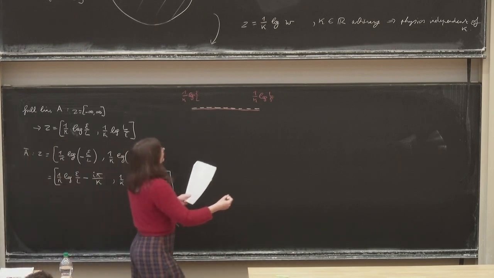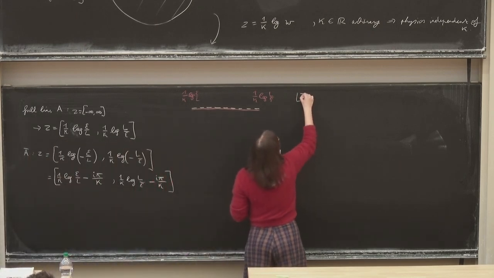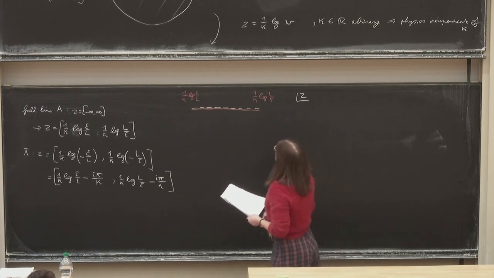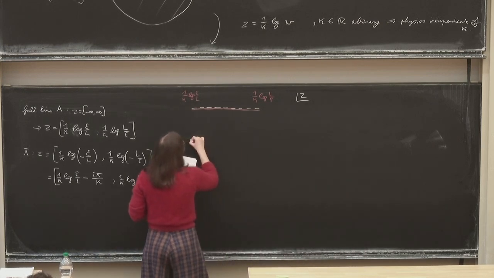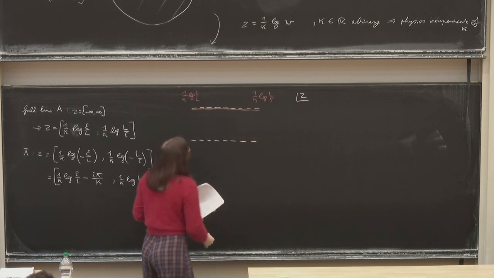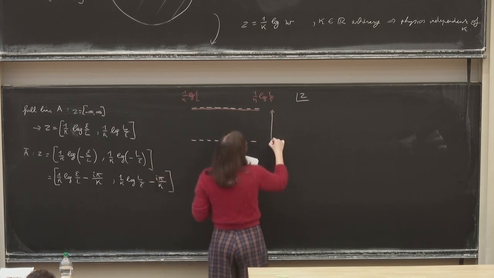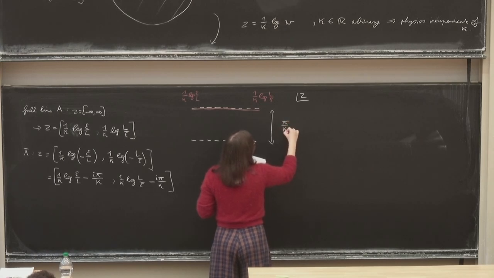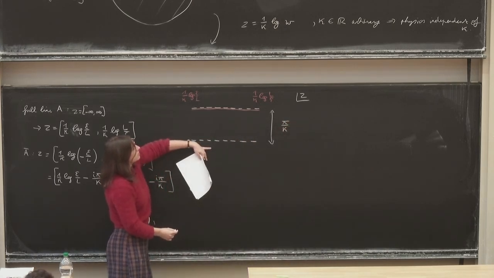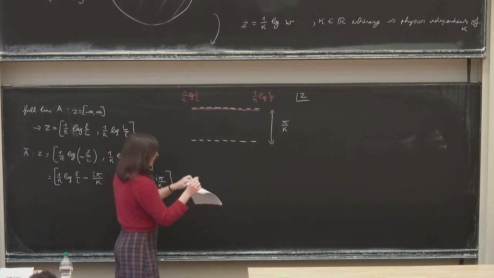So if here I'm drawing the complex plane Z, then my A bar is a distance pi over kappa away in the imaginary direction from the A region.